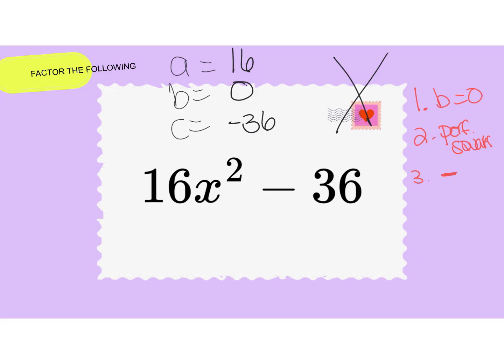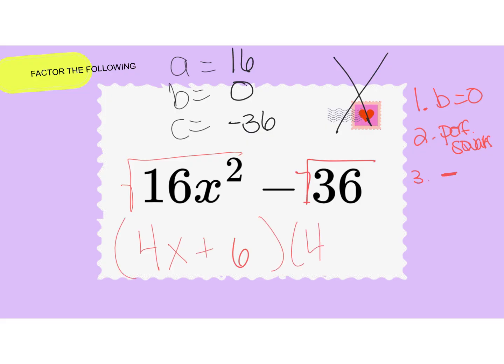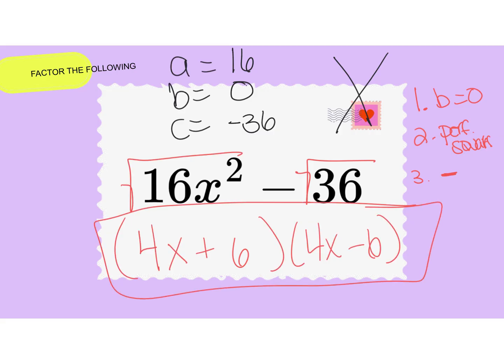Well, yeah. Remember, for difference of squares, just take the square root of both sides. Square root of 16 is 4, I'm left with 1x. Square root of 36 is 6. And the difference of squares says one of my factors will be a positive 6, and one of my factors will be a negative 6. And you would have gotten this the same way if you would have just played the Xbox.